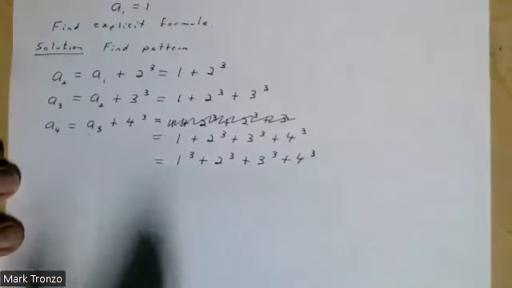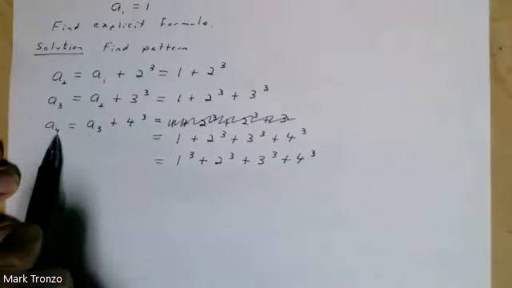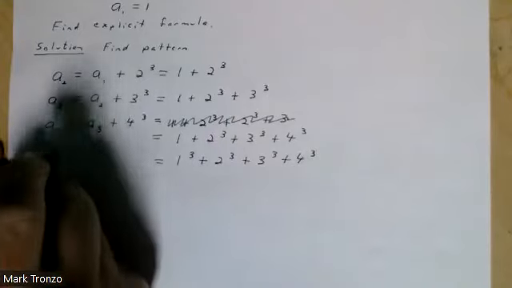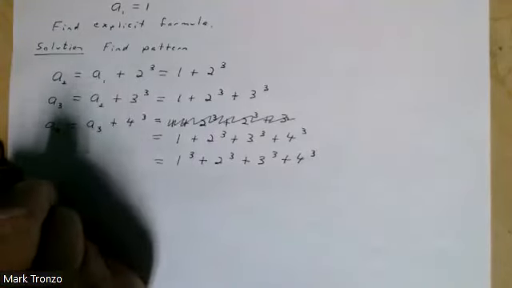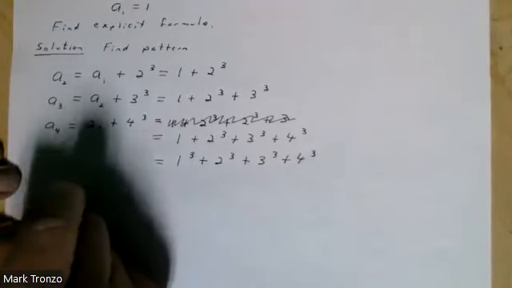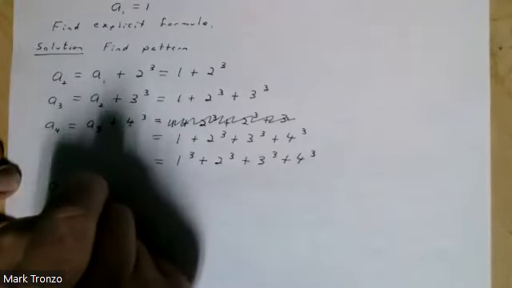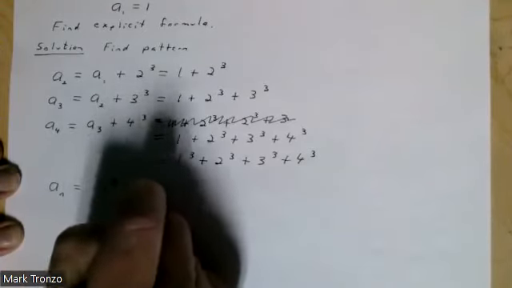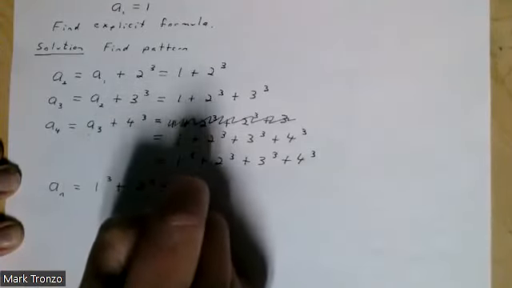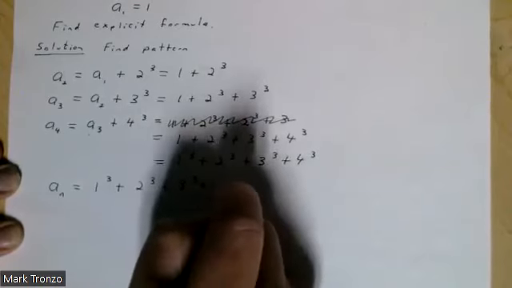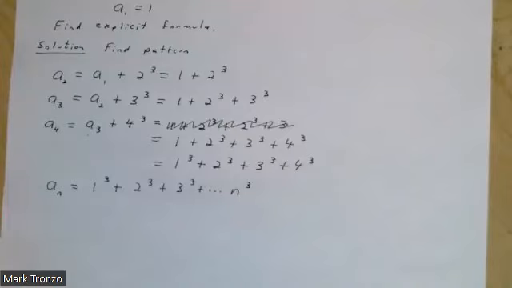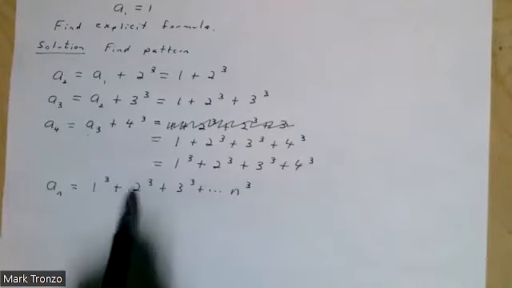And you can see the general pattern. This is 4, and this happens to go up to 4. So the general pattern is A_N equals 1 cubed, 2 cubed, 3 cubed, up to N cubed. And of course, this was one of the equations we just looked at.